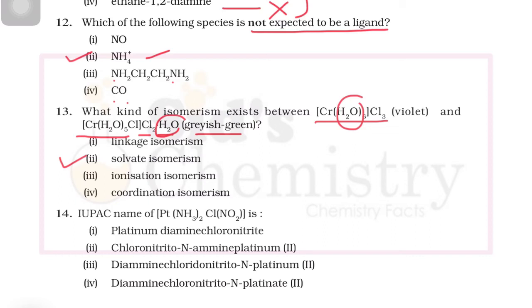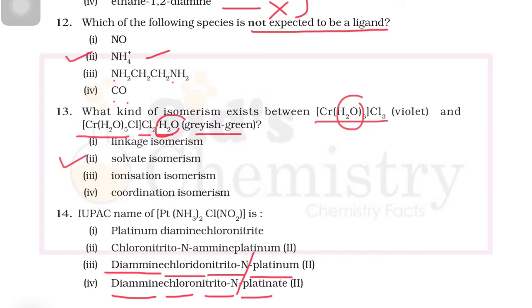First of all, ammine comes, and there are two, so diammine. Then after that chlorido comes, so chlorido. Then nitrito-N comes, so nitrito-N. And then after that the metal comes, so platinum, and platinate is given. So up to the arrangement of nitrito-N, these two options are correct.